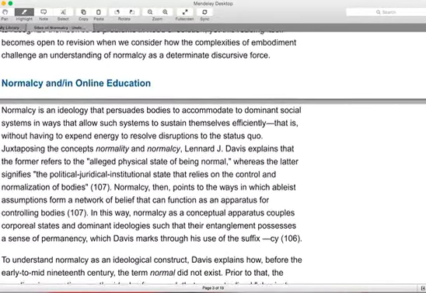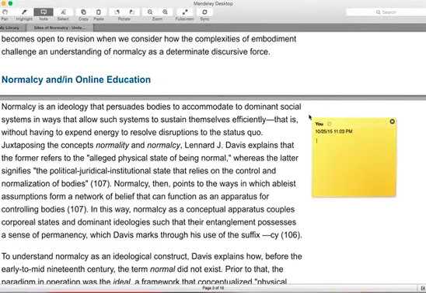For the topic sentence, back up to the first paragraph we looked at, under the normalcy and online education section, I might make an annotation that brings my attention to this idea of normalcy as a construct, or normalcy as an ideology. So here, right next to this sentence, in the margins, I might write something like, normalcy equals an ideology, and this means, so what does this mean?